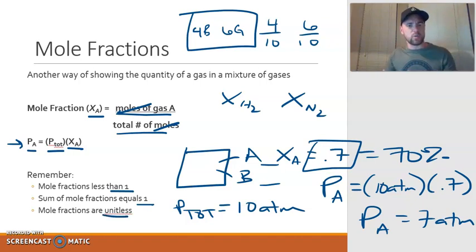And this one's kind of a weird one because I harp on you so much: make sure you have units, make sure you have units. But for mole fractions, there actually aren't any units, so you need to make sure that you are writing them unitless. Last thing I should mention, even though it says fractions, that's kind of a misnomer. When I say mole fractions, what I really want is decimals.